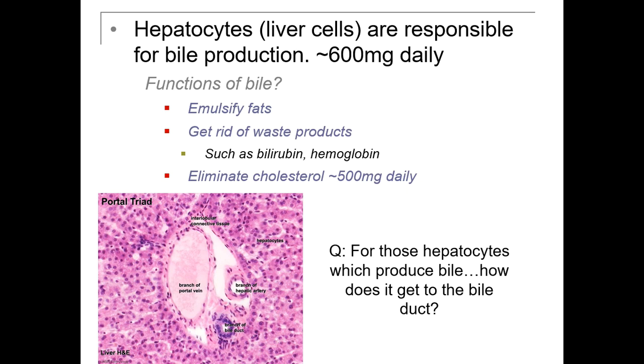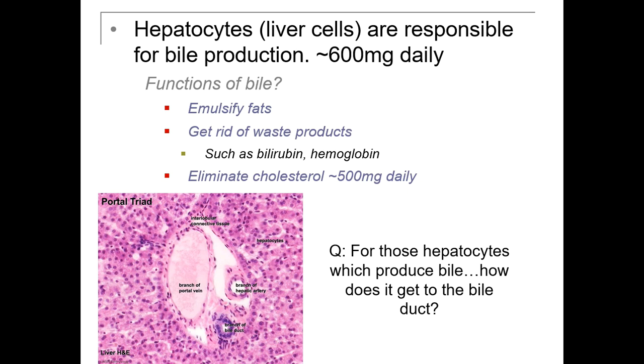You can see excess accumulation of cholesterol, right? Our liver produces around 600 milligrams of bile daily. One of the other functions of bile production is that bile helps to eliminate excess cholesterol. Of that 600 milligrams, 500 milligrams of it is cholesterol.